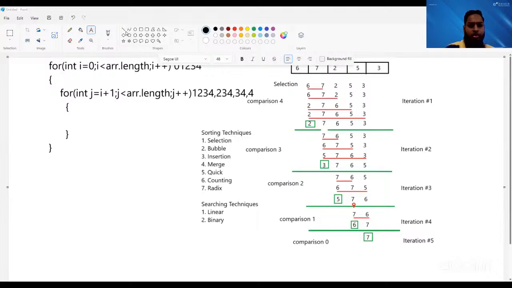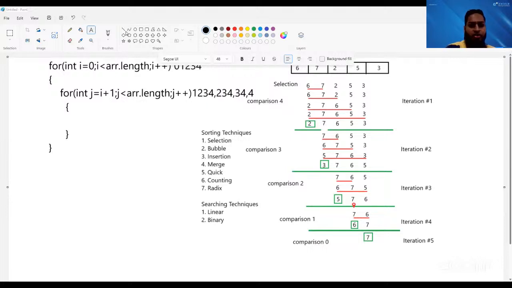You only swap what you are comparing. The alignment should be very proper in your sorting, so you understand better. Now, is 7 greater than 2? Yes. So what do you do then? You swap. 2 and 7 swap their places.